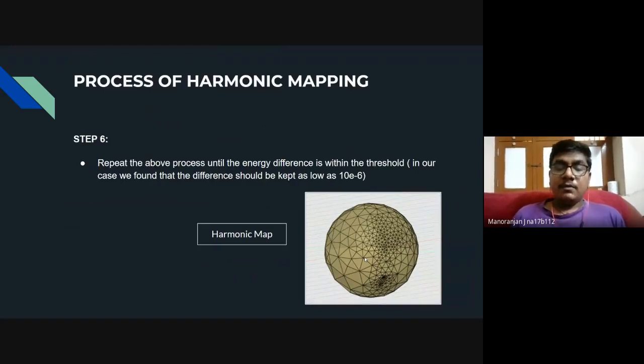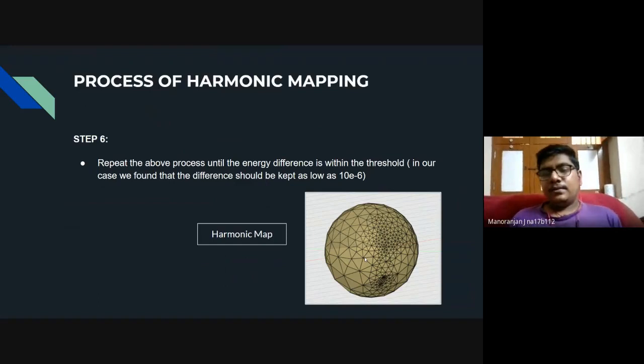So now what happens is we are ready to actually compute the shape descriptors from this harmonic map.